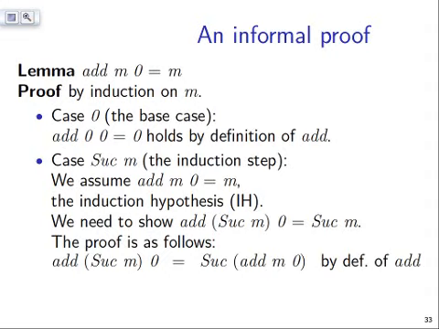It's just the definition of addition if the first argument is a successor. And then from here to here, that's the induction hypothesis, because now you can replace the subterm add of m and 0 by m by induction hypothesis. And that would be the form that you would be expected to write it in a normal textbook style.